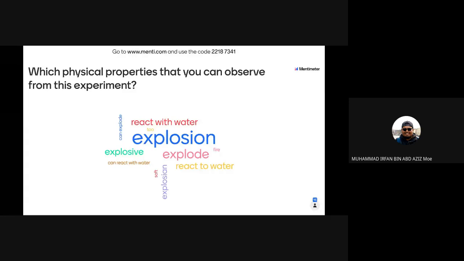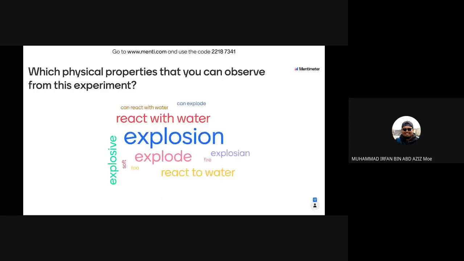The question asks about physical properties that you can observe from this experiment. Whether it can react with water, explosion, fire, those are not physical properties. Remember, what are physical properties?